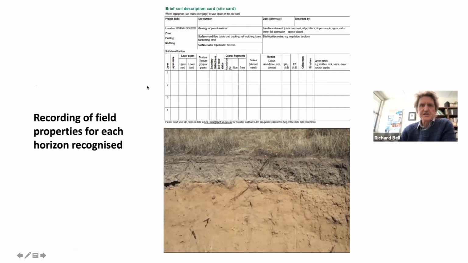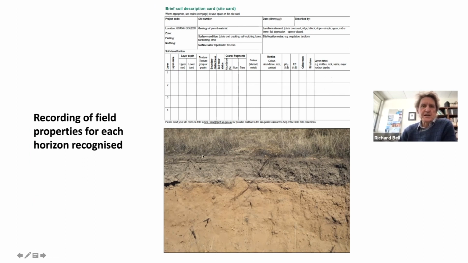And they have suggested a pro forma for describing the soil profile, just the basic information that is likely to be most important for interpreting the properties. So in addition to each layer and describing upper and lower depths, texture, boundaries, soil water, fragments, colour, mottles, pH, EC, whether there's calcareous material, the structure, and anything else that you think is significant.